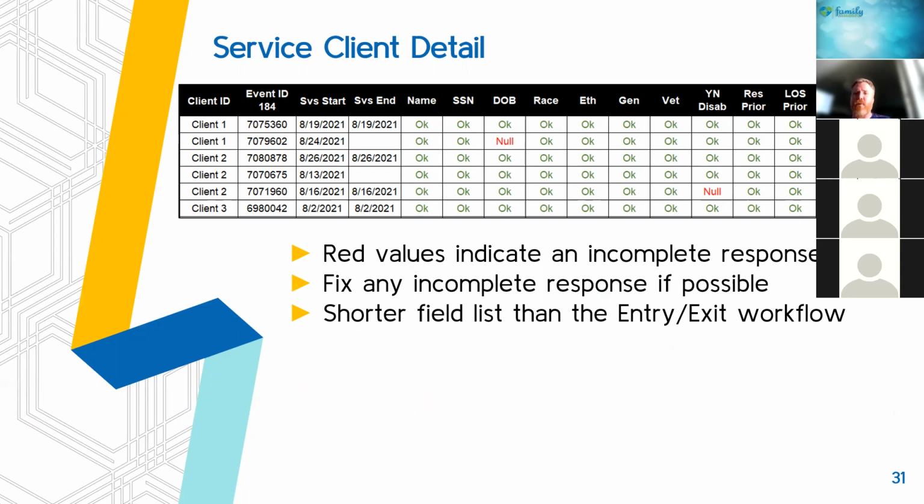If the number is off, it probably means there may be some duplicated services or services under the wrong client or provider. So just kind of keep an eye on that one. Again, it's more difficult with services because of the volume, but you can still do some basic checks on that.